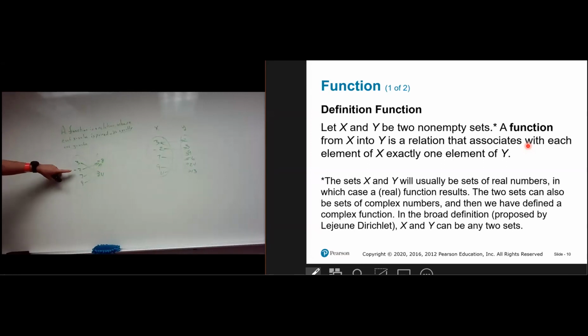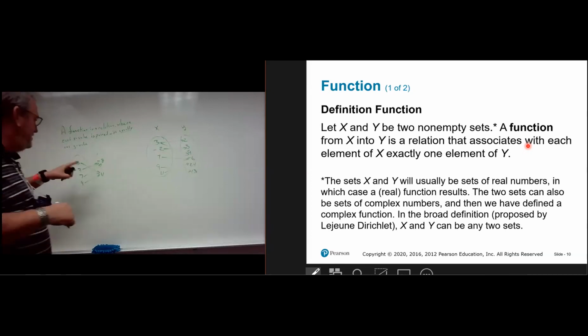Is this a function? Yes. Why? Because all the X values only have 1 Y value that corresponds to them. Yeah, but I have 2 numbers going to the same Y value. How is that still a function? Because the X values only have 1 Y value. Thank you. That's exactly right.